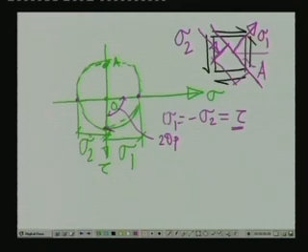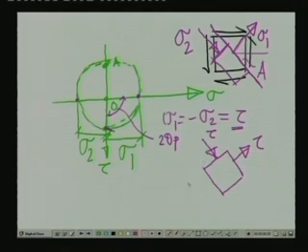tau. So, if we have a stress representation where you have the stress tau here, and the normal stress which is acting on this plane, which is tau here, this also represents a state of pure shear. And mind that this particular plane is at an angle of 45 degree with reference to the x plane.